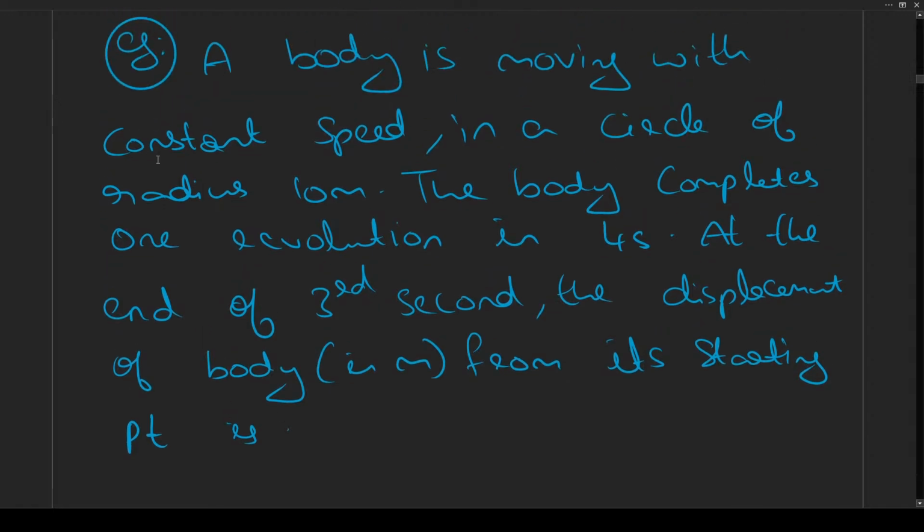They're saying our body is moving with constant speed in a circle of 10-meter radius. The body completes one revolution in 4 seconds. At the third second, the displacement of the body is.